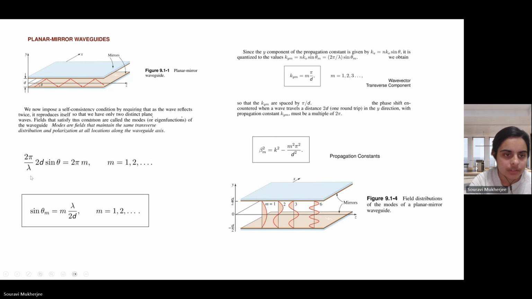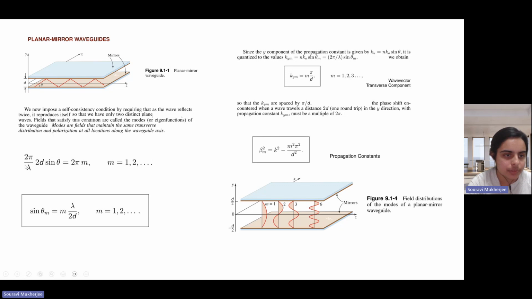So here, for this condition to be satisfied, what do we need? As the wave propagates, some of it gets transmitted and some of it gets reflected. And now when the wave reaches here, for this to be exactly equal to what we started with, we need the phase difference between the waves that have got separated to be an integral multiple of 2 pi.